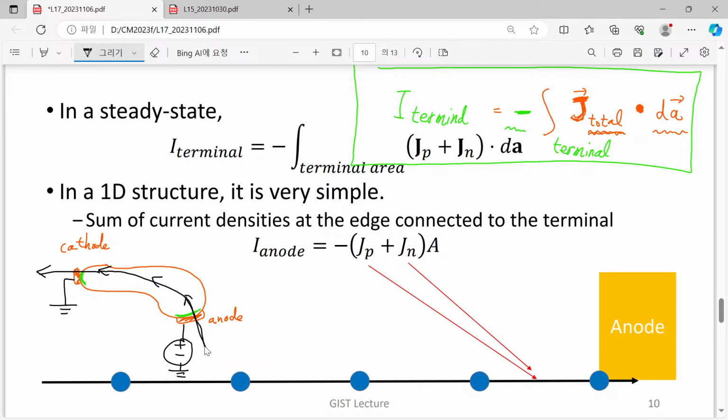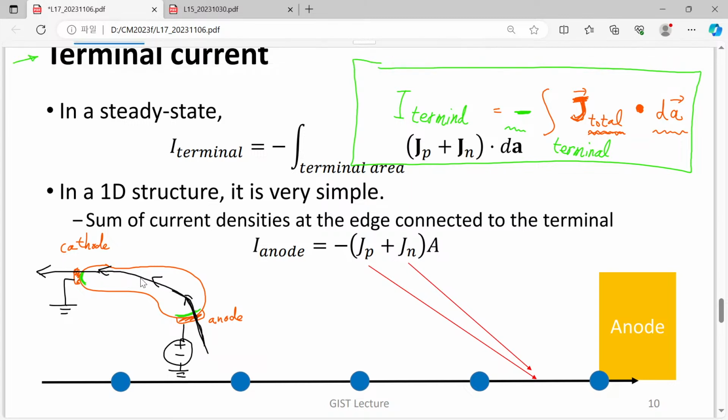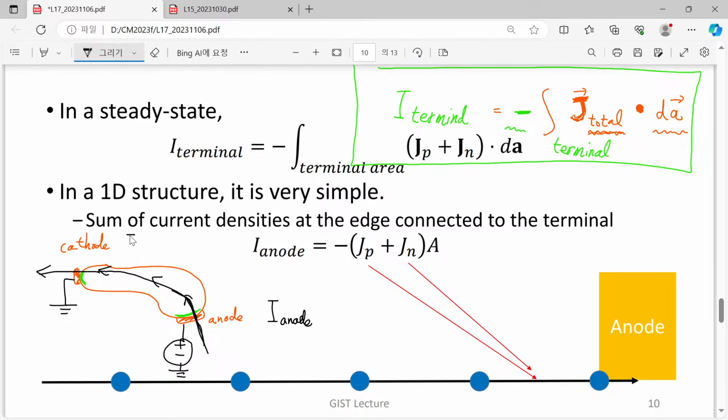So your particles should flow in this way to arrive at the lowly biased contact. Then my question is, what is the anode current? Is this positive or negative? And my question is, once again, I cathode.